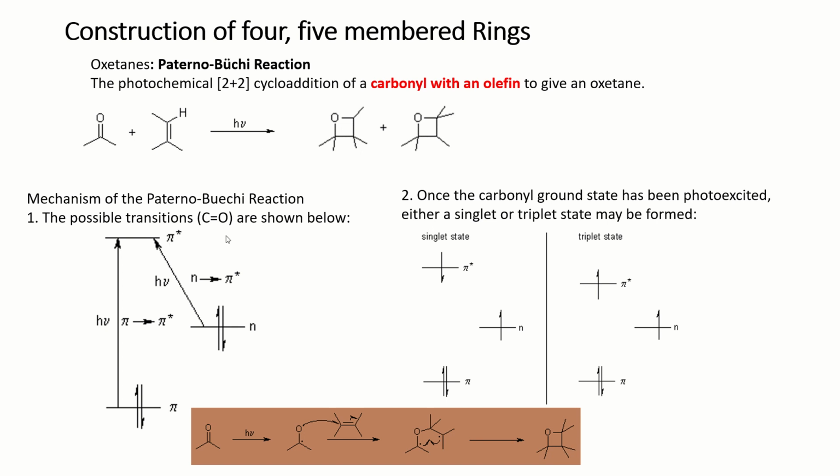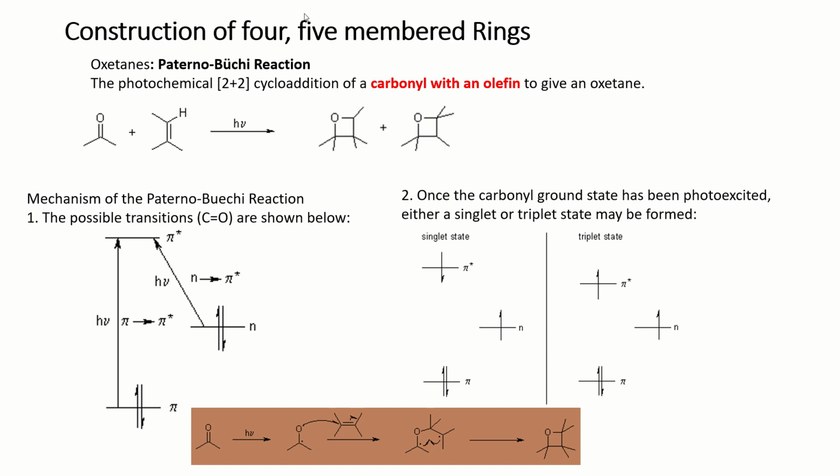Like I said, there is a carbonyl group, so it will be photo-excited first on photochemical reaction, and two excited states, a singlet and a triplet state, will be formed.